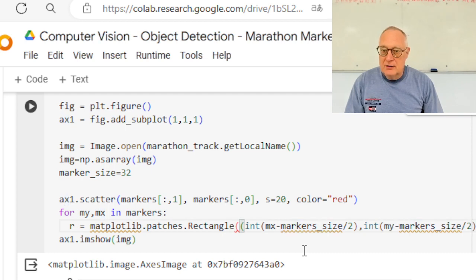My minus marker size divided by 2, the integer this.